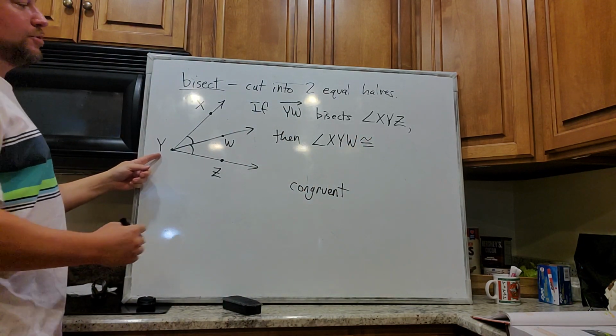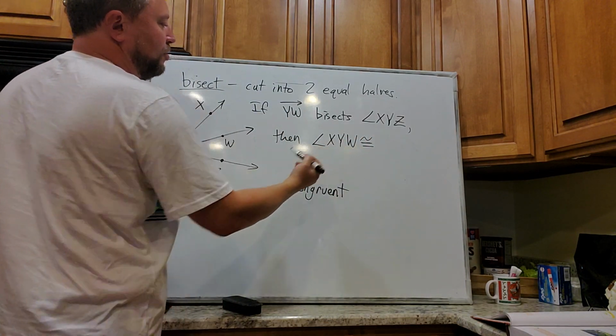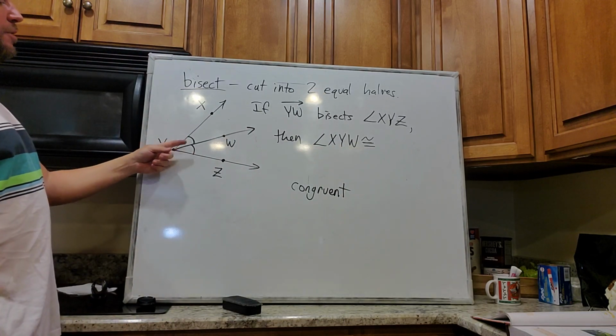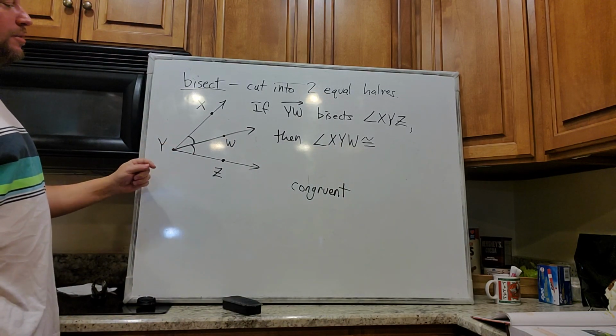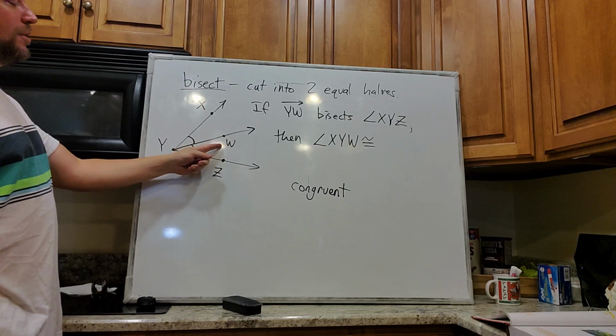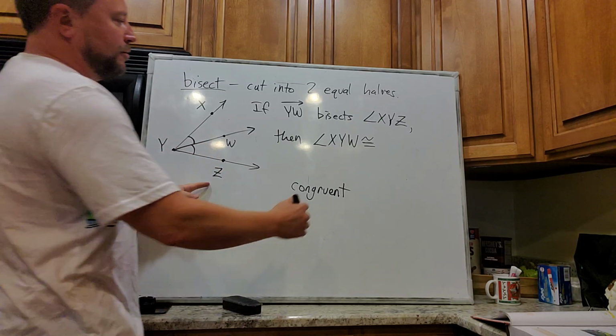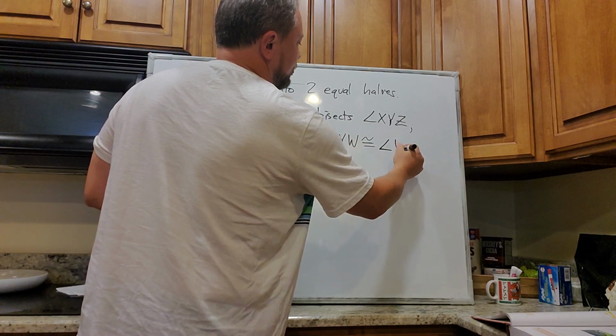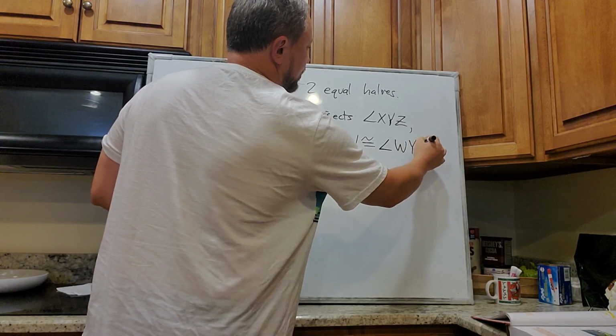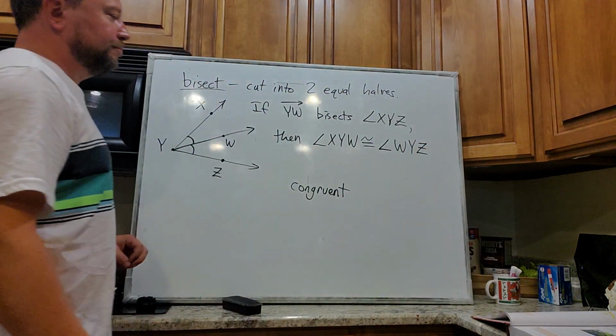The middle letter should be the vertex, so there's the Y. And all these angles are centered here at Y, at this vertex. The bottom half would be called W, Y, Z. So angle W, Y, Z.